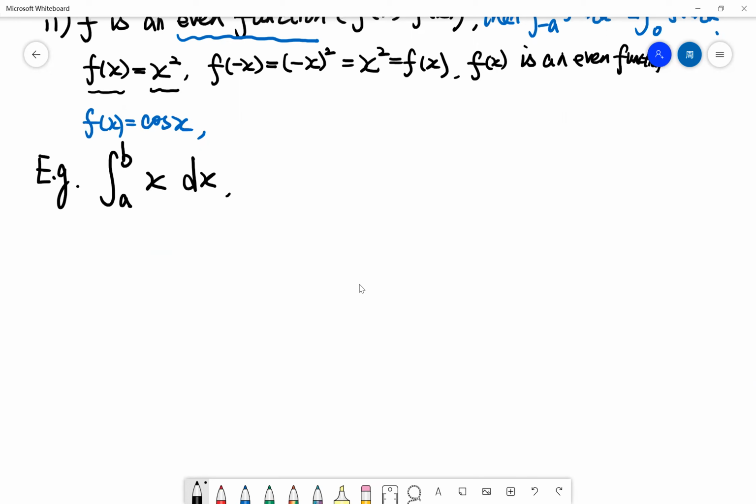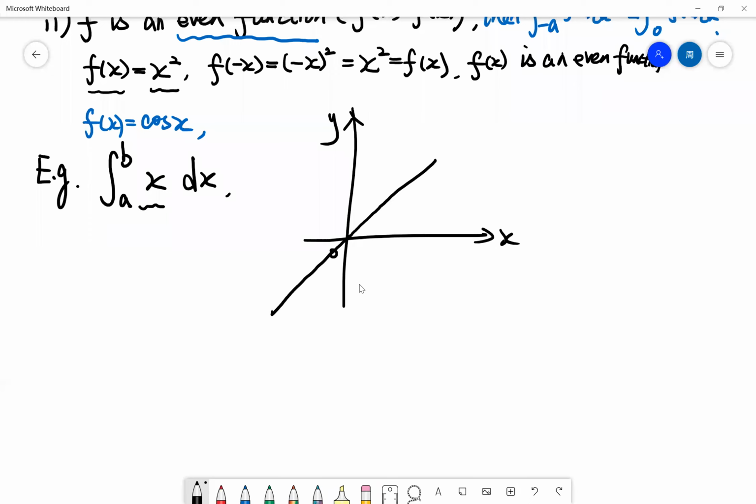So here, the first case, the easiest one, is when a and b are larger than 0. So here you will see the f of x integral, that is f of x equals x, right? So we know that is a line that passes through the origin, right?